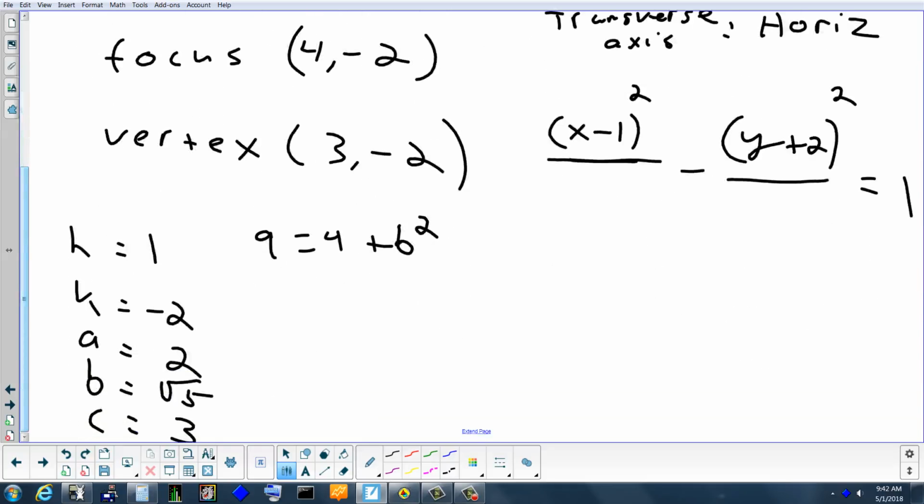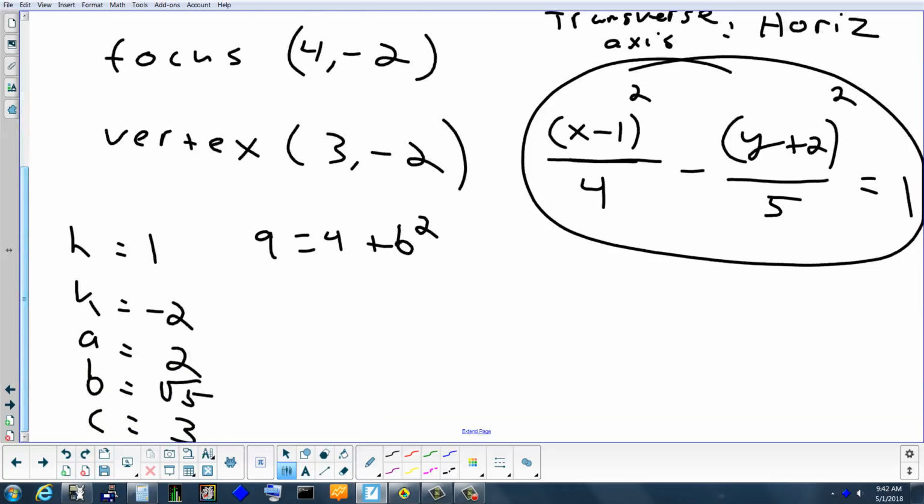And Abby, my first denominator is always what letter squared? Yep, it's always A squared. Second denominator? B squared should be 5. B squared, which is 5. And that's it. There's your equation.